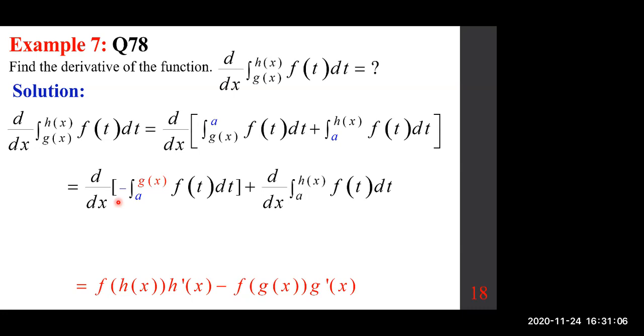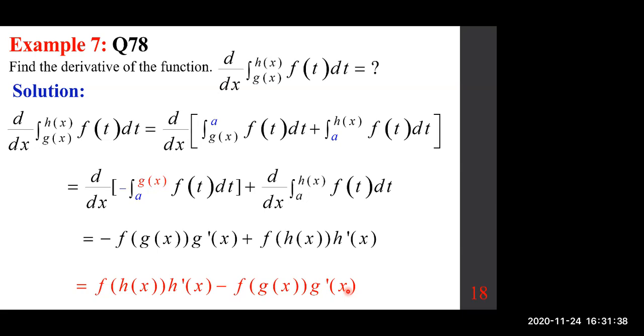And so what happens next, now we apply the theorem that we know. Okay, class? We apply the theorem that we already know. Negative sign remains. Now f of g of x times g prime of x plus, now f of h of x times h prime of x, you put this one second, and this is your final answer.